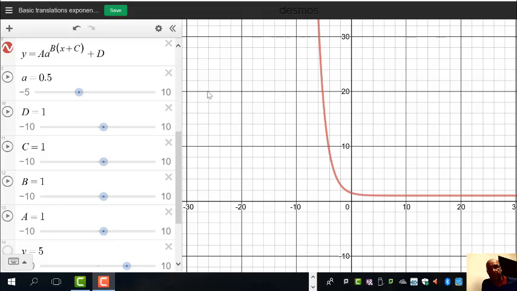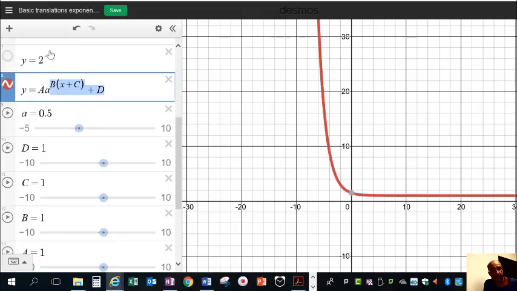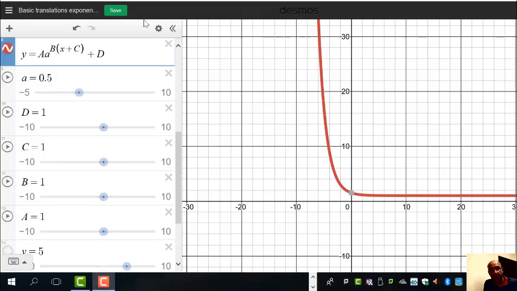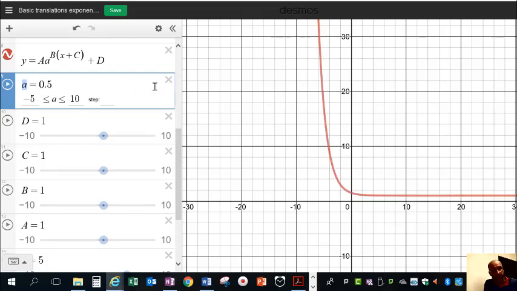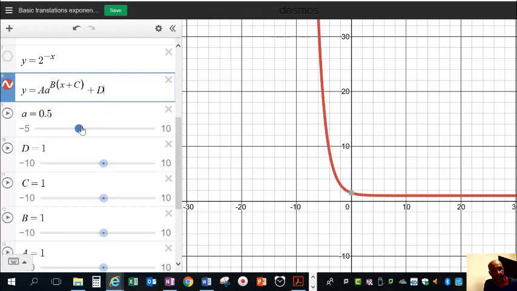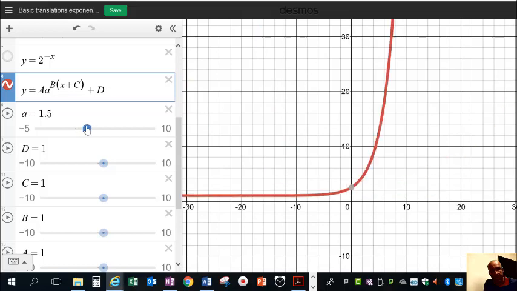Okay, this is part 2 of looking at some basic transformations for exponential functions, and continuing on, we're going to look at how all of these transformations are linked to the parameters capital A, B, C, and D. Firstly, even though A is not a parameter, it's the base, and we saw that if it's a decimal between 0 and 1, you get a decay function, and as it gets bigger than 1, it's now a growth function.